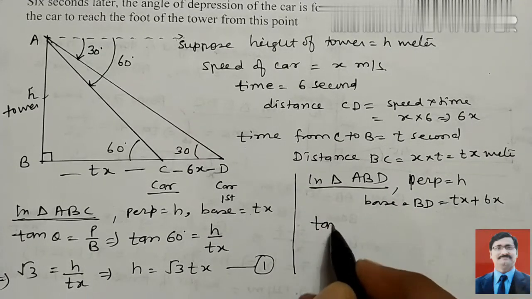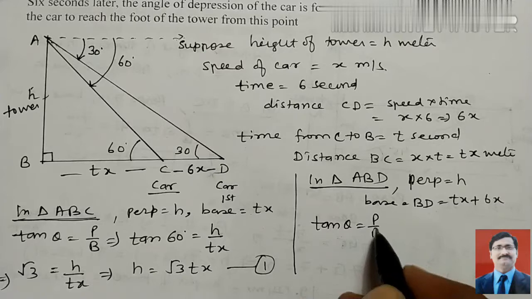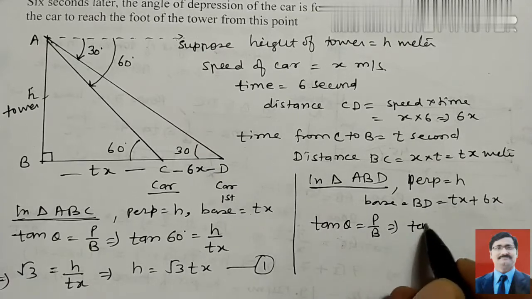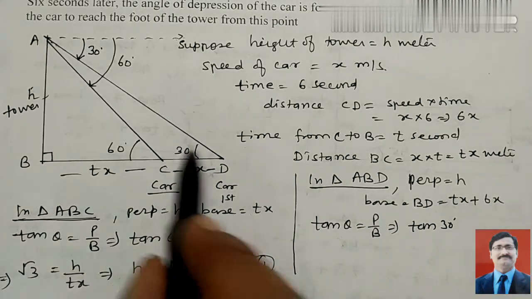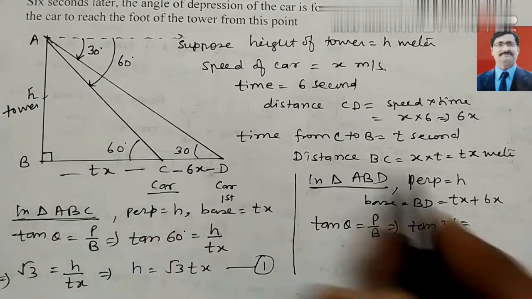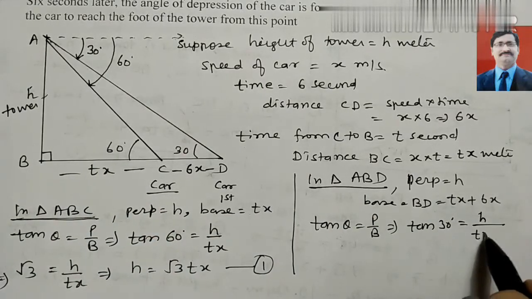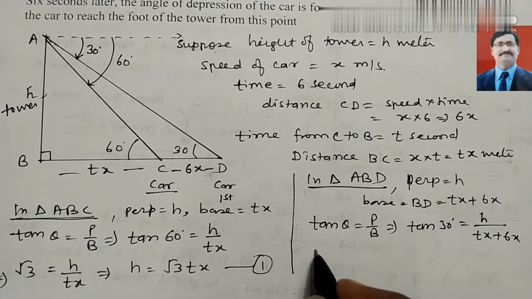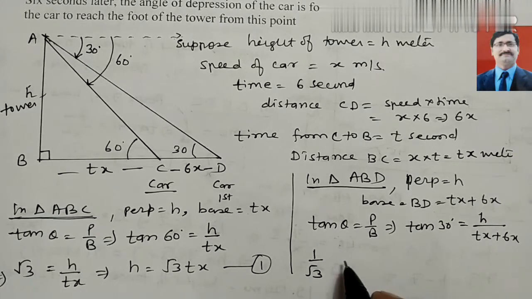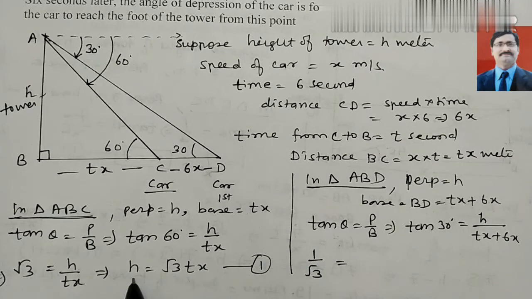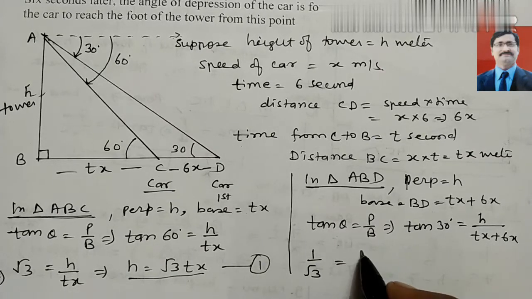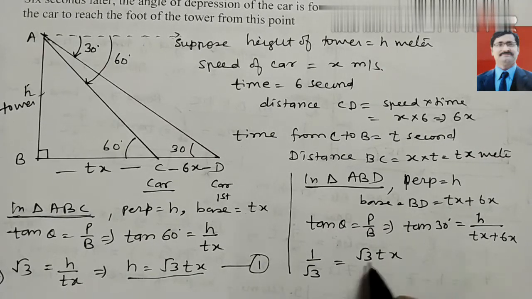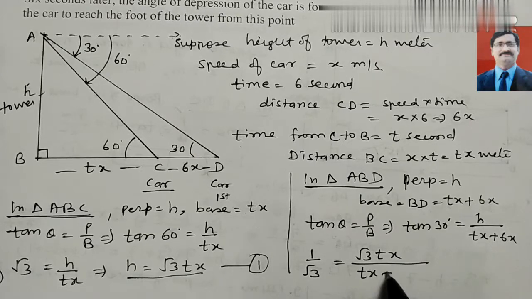Now tan theta equals perpendicular upon base. Here theta is equal to 30 degrees. The perpendicular is h and the base is tx plus 6x. Tan 30 we know is 1 upon root 3. And in place of h we can put this value: root 3 tx upon tx plus 6x.